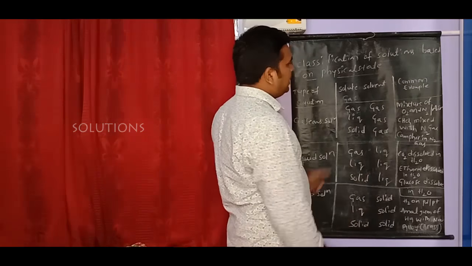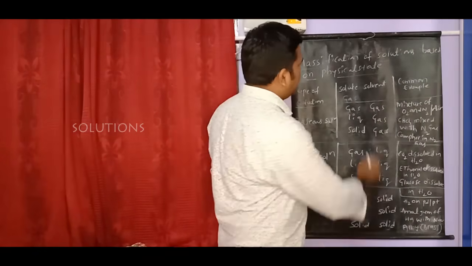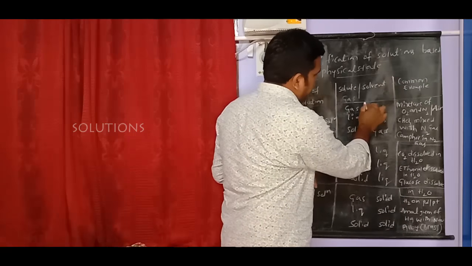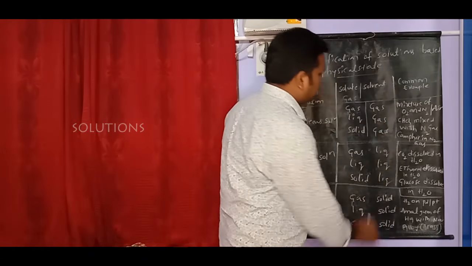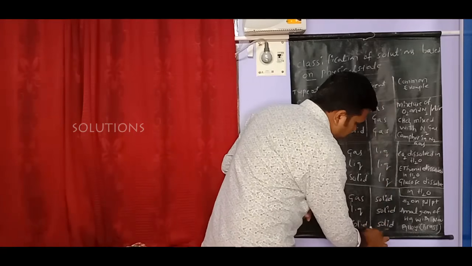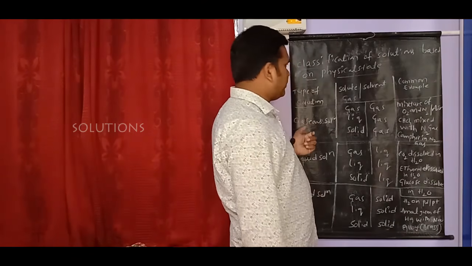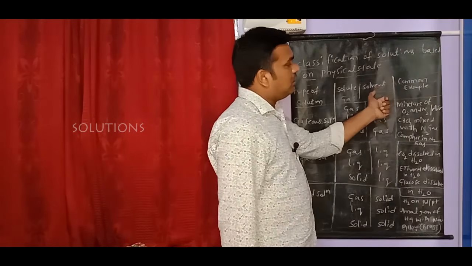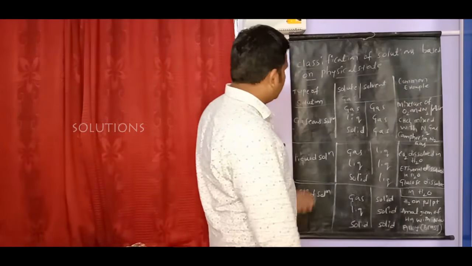Here we have to take the solute and solvent; the solute is different and the solvent is also different. You can see here the type of solution, solute, solvent and a common example.